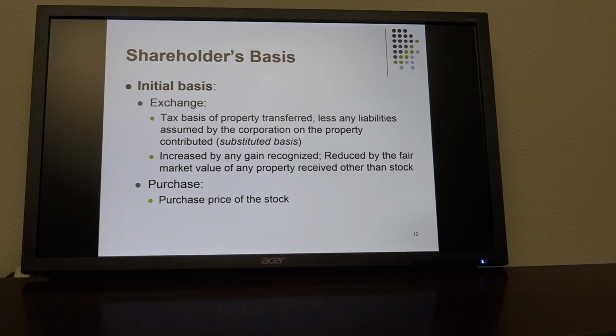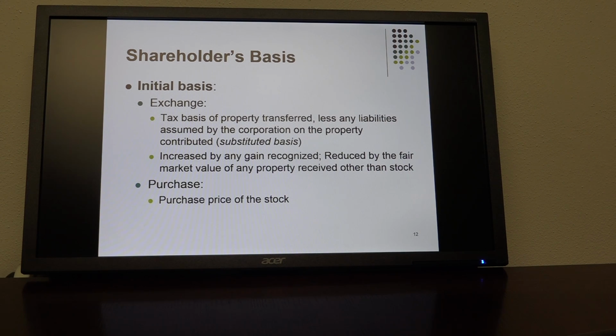Now, any gains recognized increase the shareholders' basis, and would be reduced by the fair market value of any property received other than stock. So basically the whole boot situation. So anyway, the formula is very similar to, if not exactly the same as C Corp.